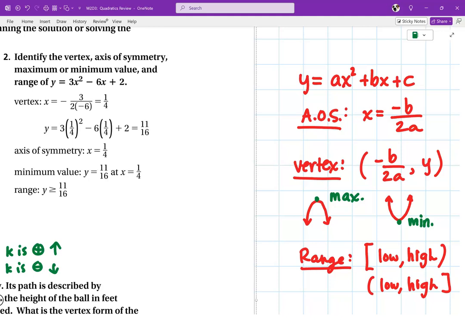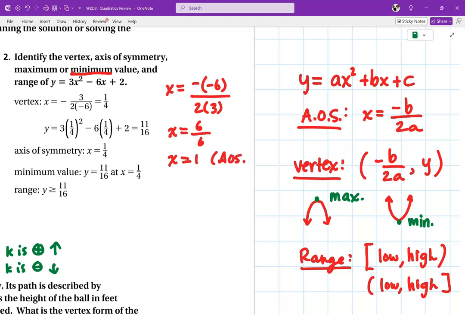They did say minimum, so that makes sense so far. Now let's find the axis of symmetry. x equals negative b, which is negative 6, over 2 times a, which is 3. So x is equal to 6 over 6. So x is 1. This is my axis of symmetry.